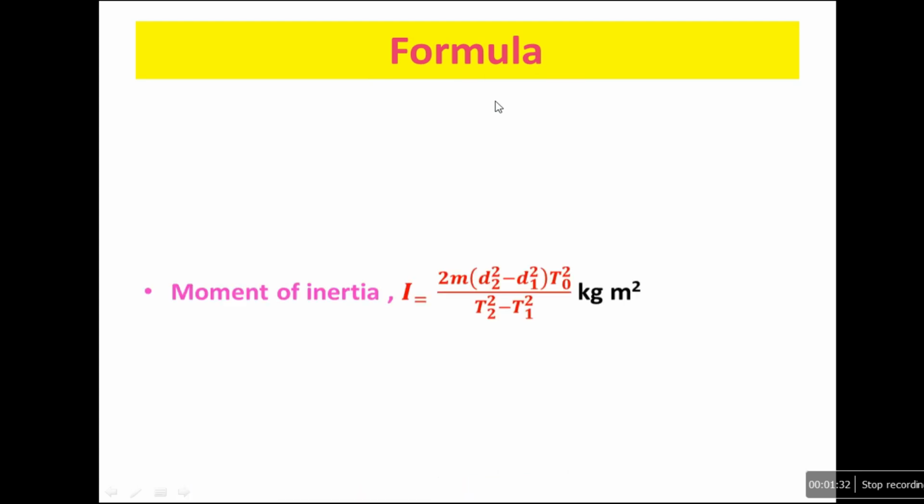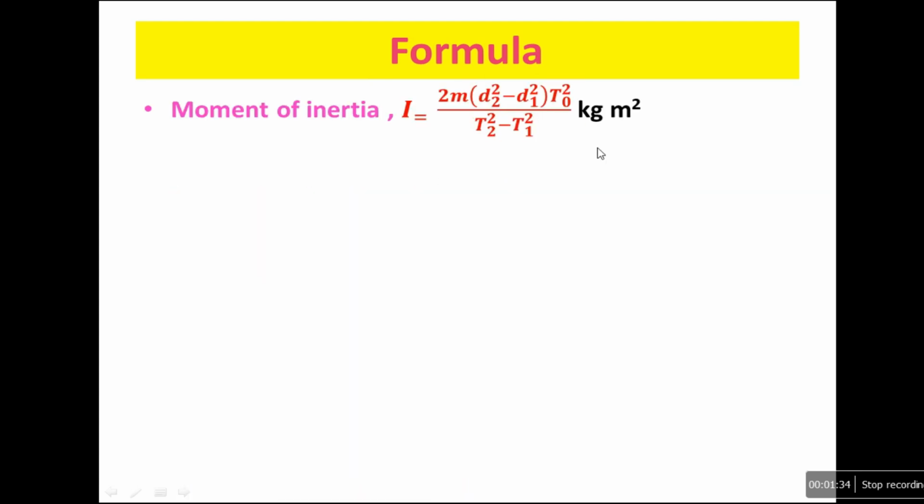So these are all the things we need to do the experiment, and this is the formula to find out the moment of inertia first, and then from that we can calculate the rigidity modulus.